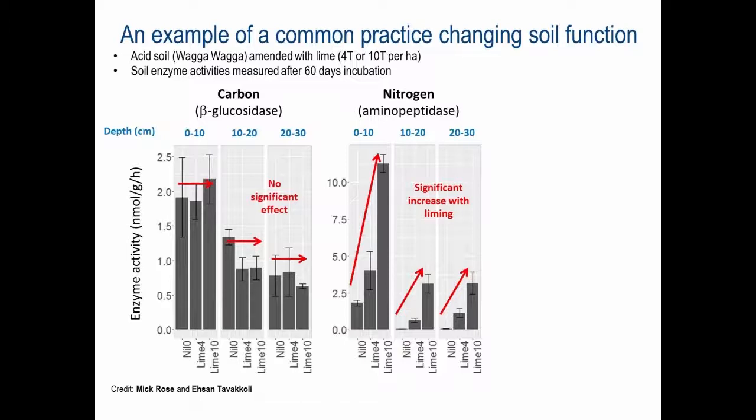So one of the possible reasons for this, and obviously it needs a lot more research here, is that when you're increasing the pH of soil, you're now allowing some of the proteins, which are mildly positively charged, to release from the soil clay particles.